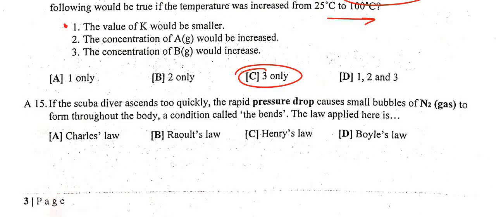Okay, so look at the next one here. They're saying if the scuba diver ascends too quickly, the rapid pressure drop causes small bubbles of nitrogen to form throughout the body, a condition called the bends. What law is applied here?